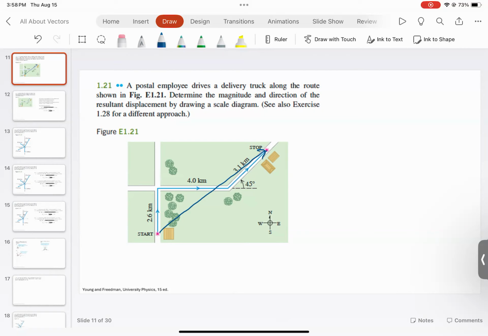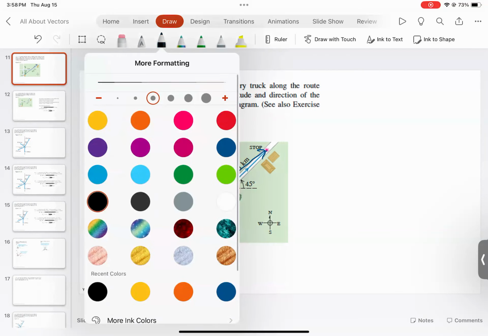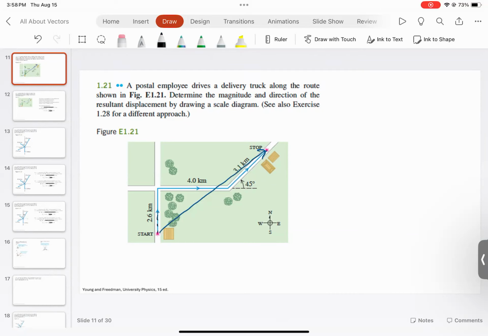If we take a look, syempre mag-drawing tayo ng coordinate system dito. Ito yung ating positive x-axis and positive y-axis, so that we can determine yung direction of theta. Paano natin alamin yung direction yan?